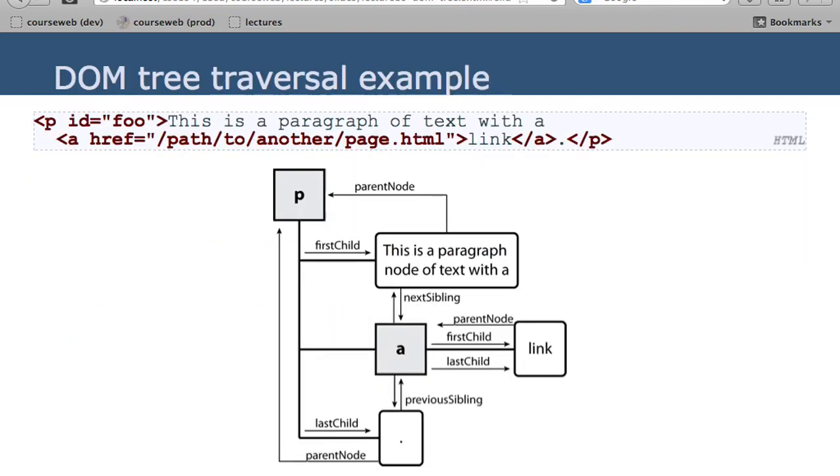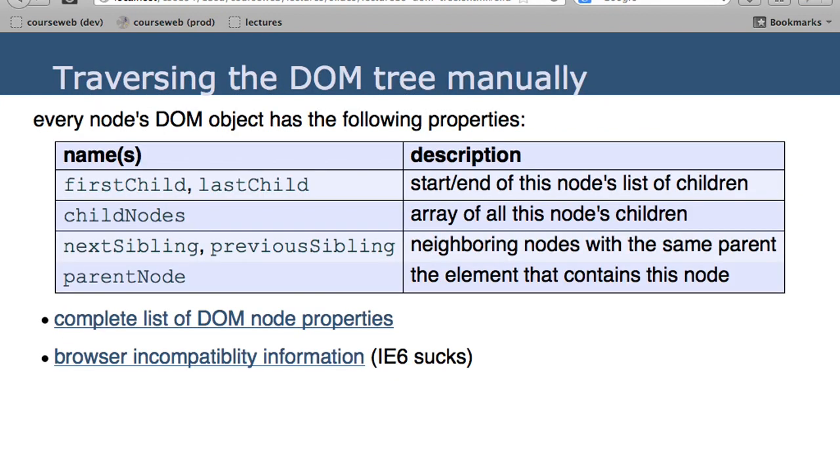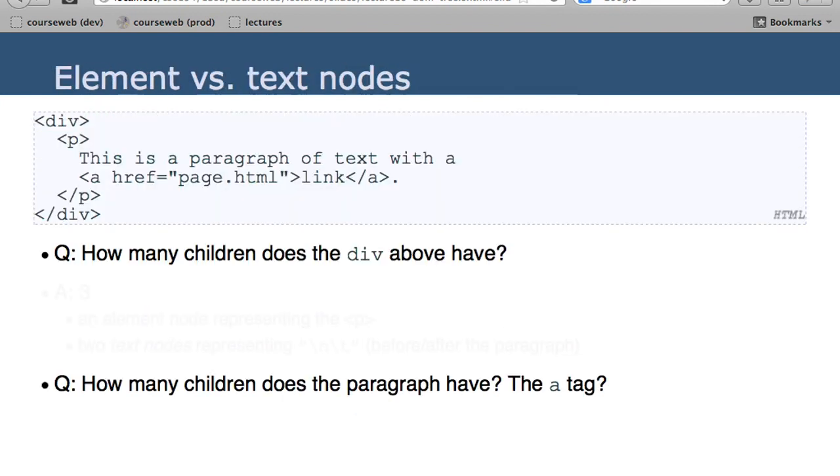You have the text, and then is an attribute a child? I don't think an attribute node is a child. I think an attribute is a property of that element, so it wouldn't be listed. It wouldn't be like first child or last child, or listed in child nodes. So this just has a single child. It's just this text node that says link.